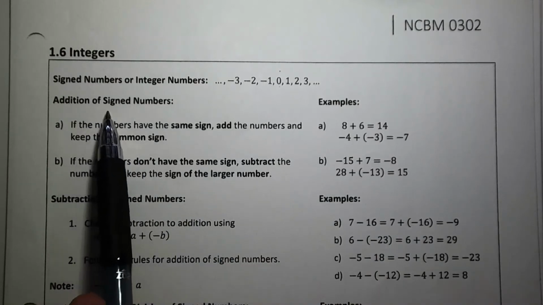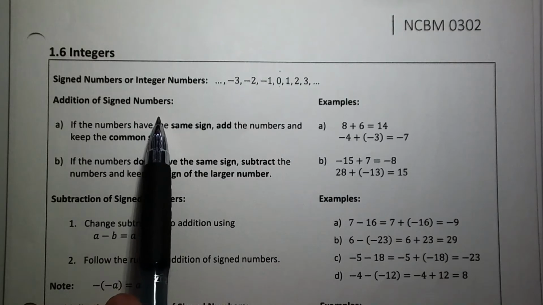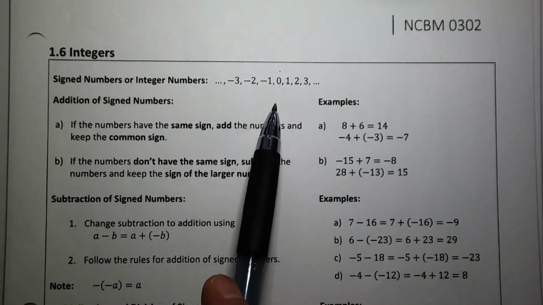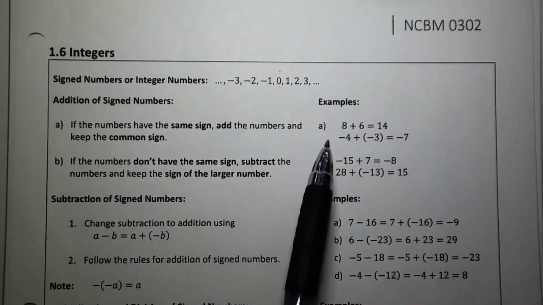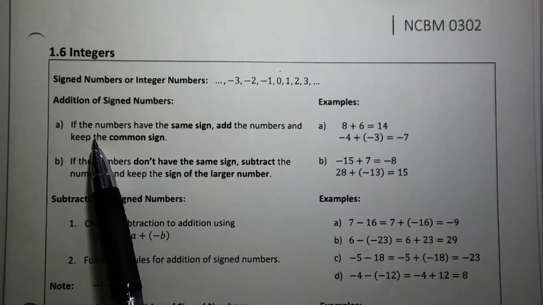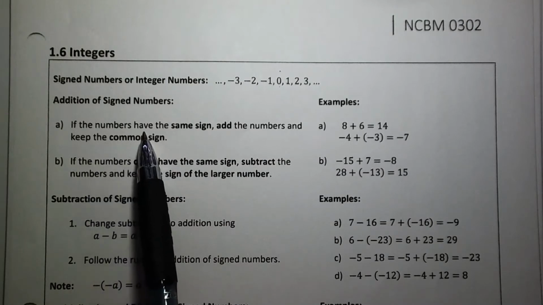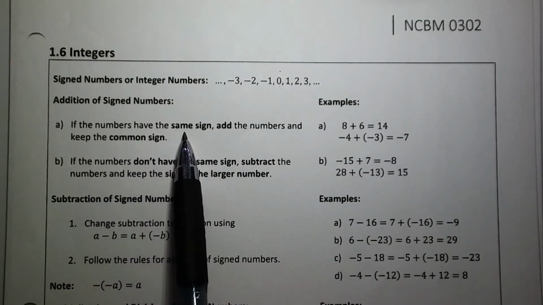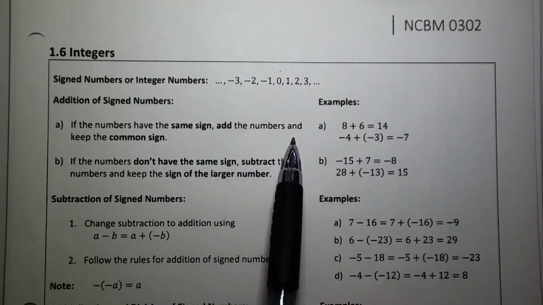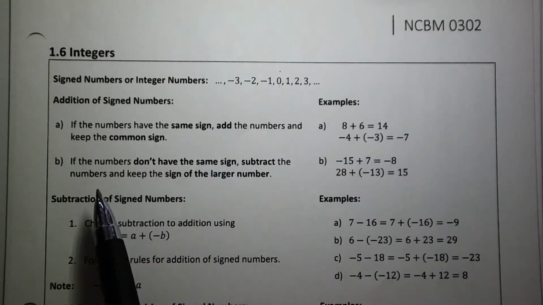In addition of integers or signed numbers, since we have negative and positive numbers, we need to be careful with the sign. When we add two integers, if they have the same sign, we add the numbers and we keep the same sign.